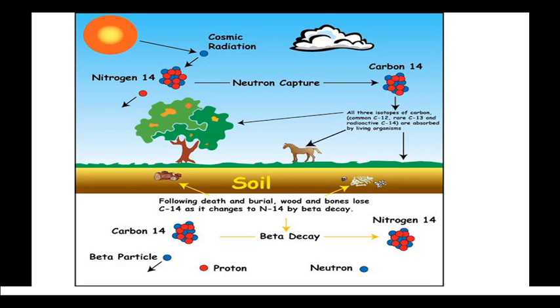This is another picture which shows this process, where you can see from the sun cosmic radiations are coming to the earth, and in that cosmic radiation there is a neutron which bombards nitrogen 14, producing a carbon 14 as well as a proton. There are three isotopes of carbon, that is C12, C13 and C14, out of which C12 and C13 are stable and C14 is radioactive.